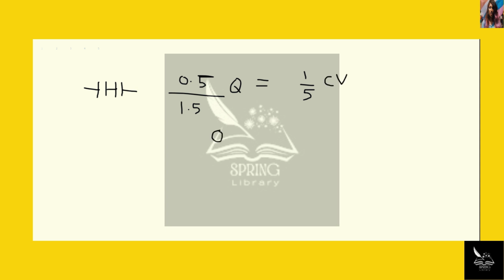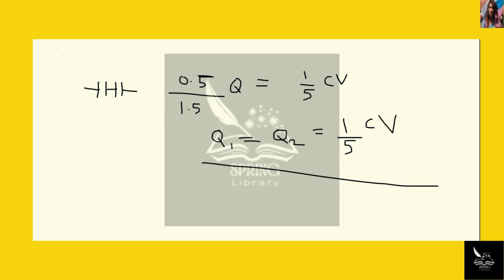So Q1 equals Q2 equals 1 divided by 5 CV. This is true because when capacitors are in series, they all have the same charge distributed on each of the capacitors.